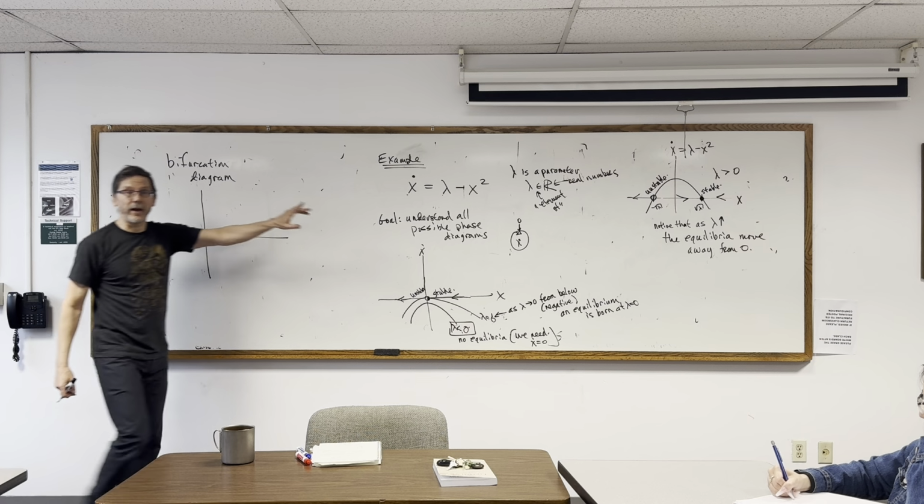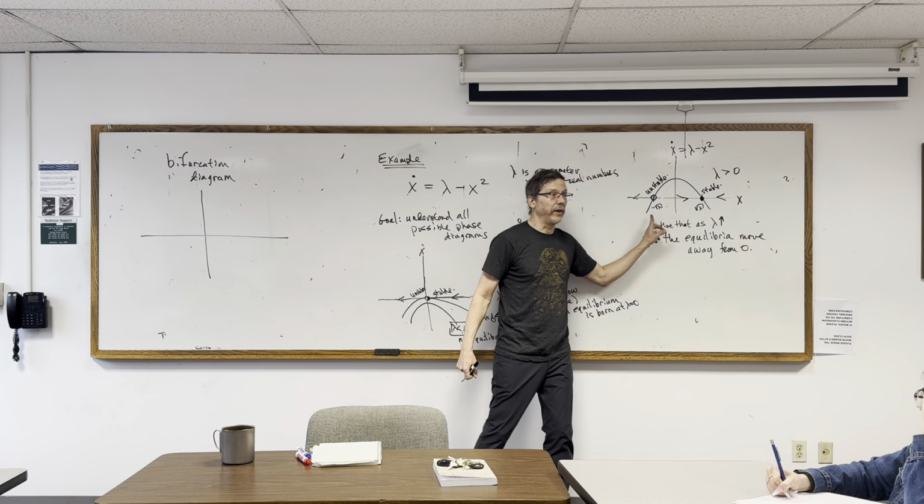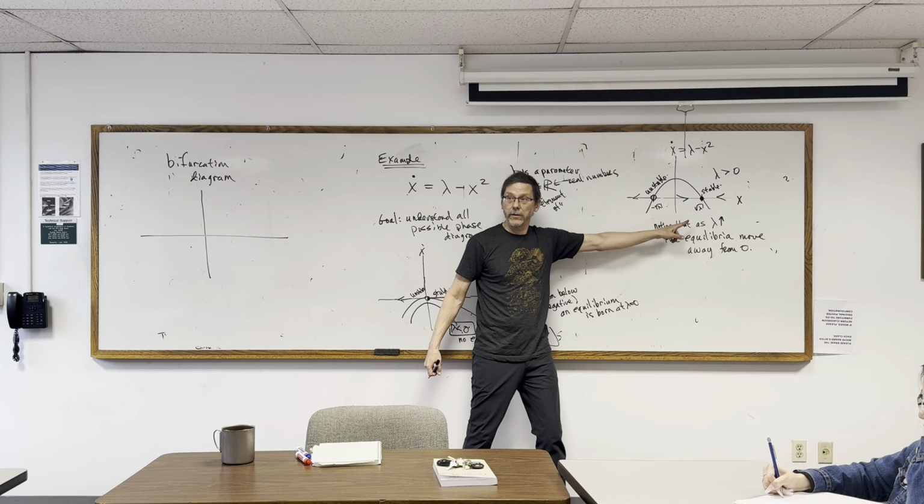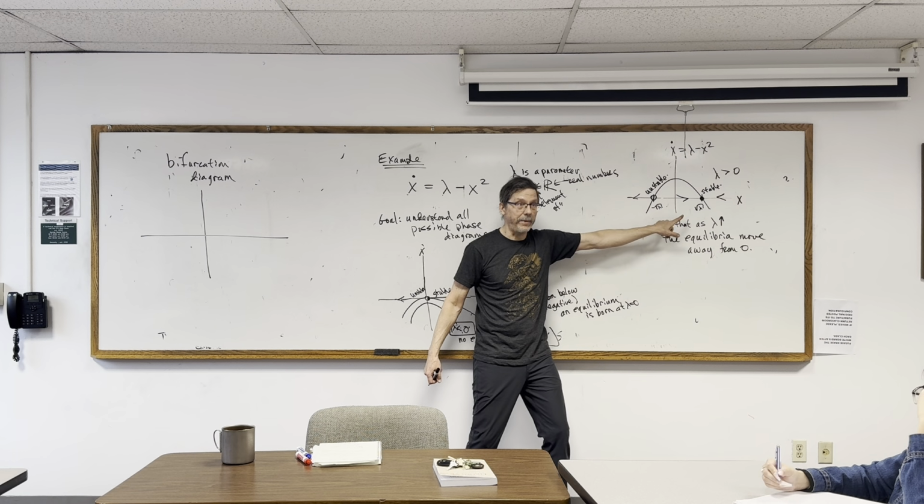Does it make sense to everybody that we've got an unstable on the left and a stable on the right? Happy to talk that through?